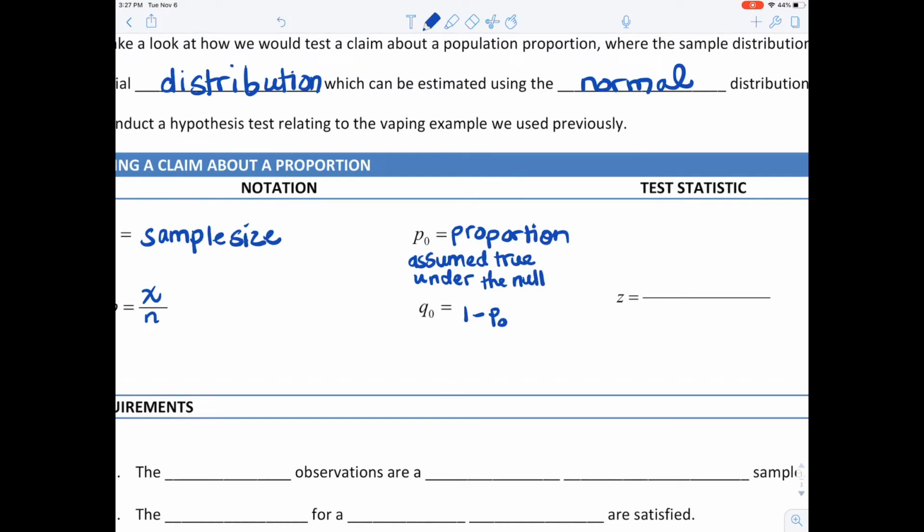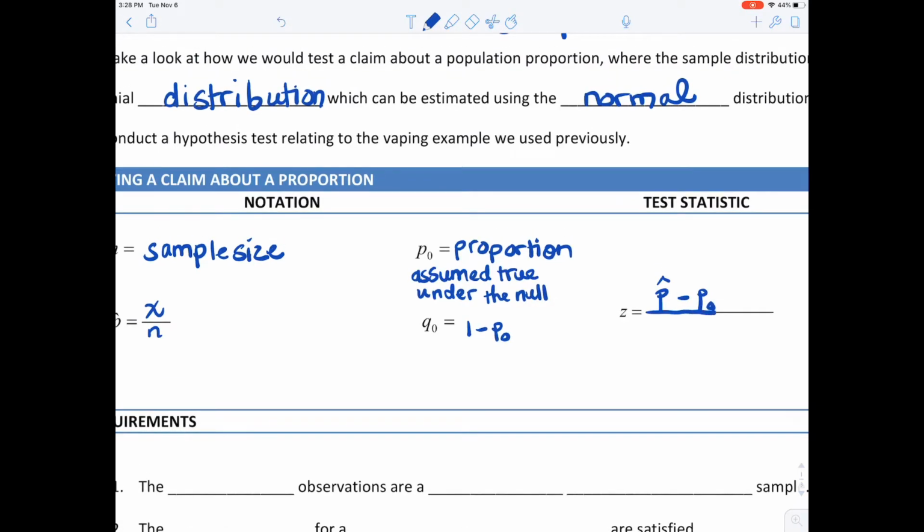And our test statistic is P hat minus P0 all divided by the square root of P0 times Q0 over N, all under the radical.